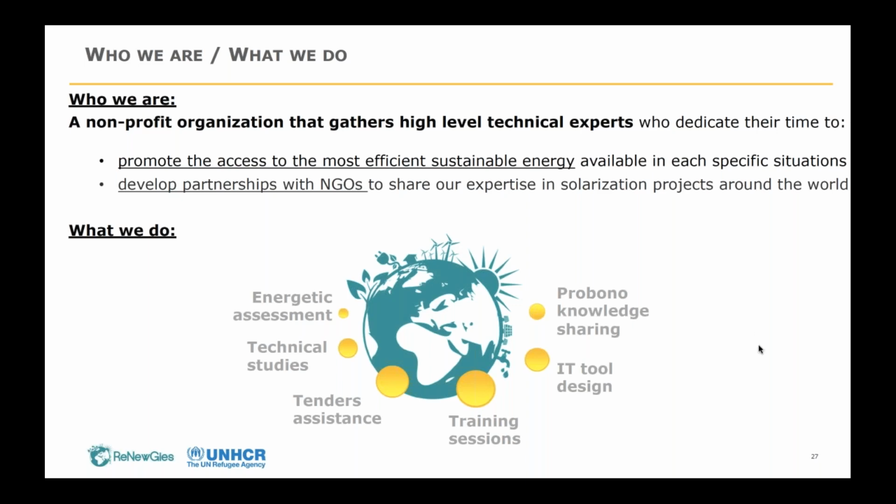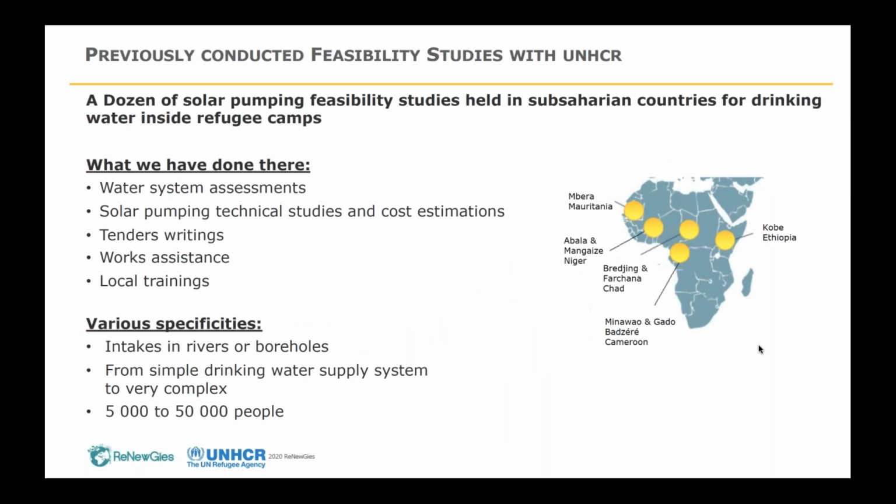Next slide, please. So considering our experience with the UNICEF, we have worked in 5 different countries on a dozen solar pumping feasibility studies. We've been working at the different steps of technical study for solar pumping, from water system assessment till works assistance.